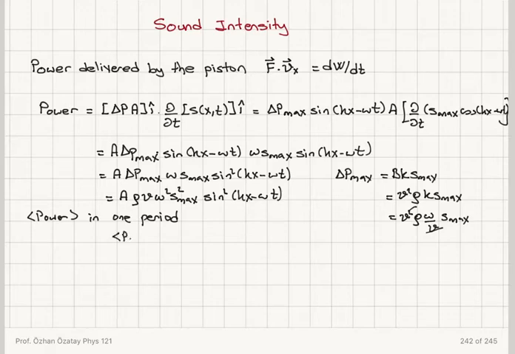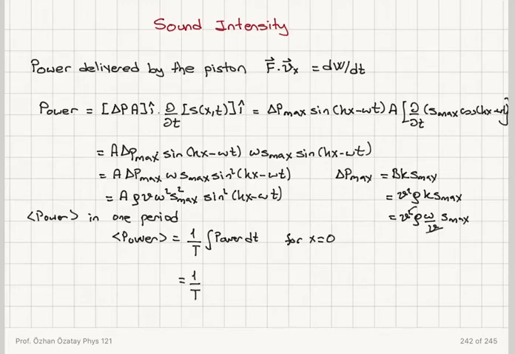So the average power is 1 over the period integral of power dt, and if I fix the position at x equal to 0, I'm just taking a picture of this. At x equal to 0, I wait for one period and see how much power I'm delivering to the system at x equal to 0.